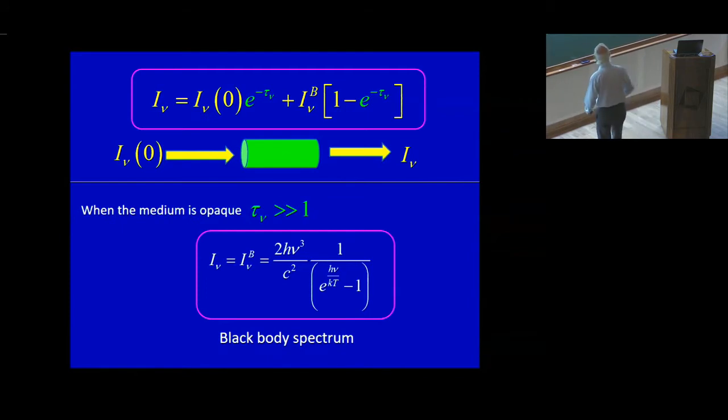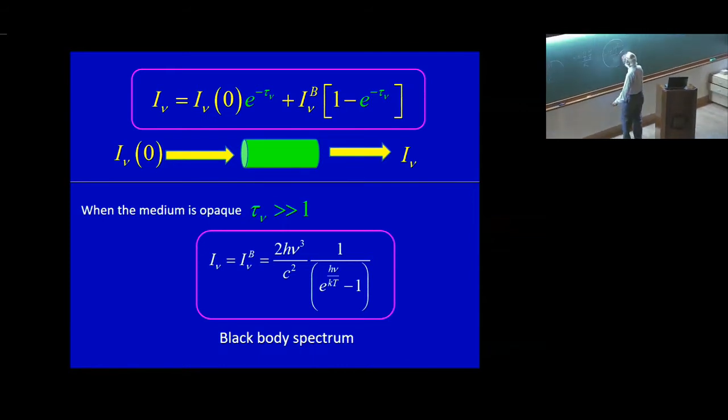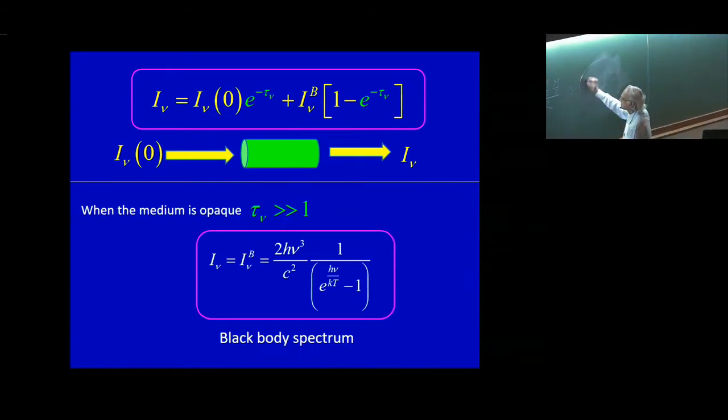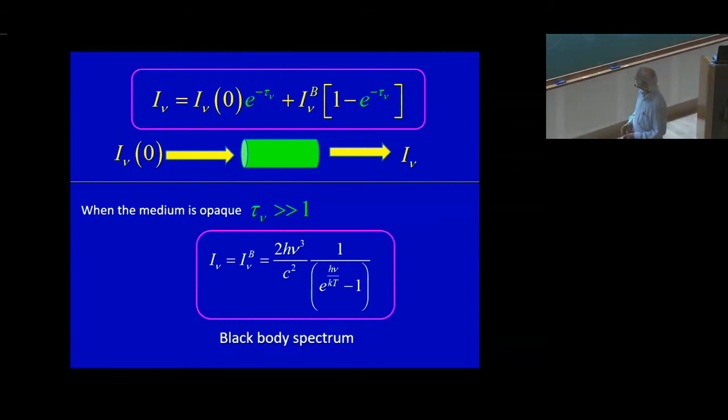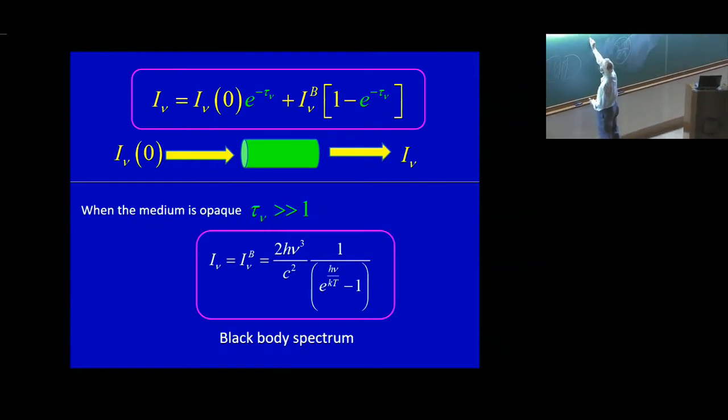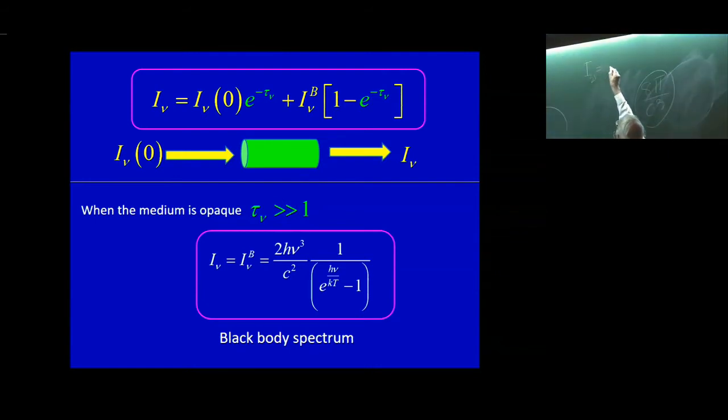Now, some of you whose memory is very good will say that that is not Planck's law. Planck's law, as I remember it, and as you should remember it, will have 8 pi and it will have c cubed, and not 2h nu cubed by c squared. What is the connection? Well, we already said that there is a relation between specific intensity and the energy density, and that involves a c.